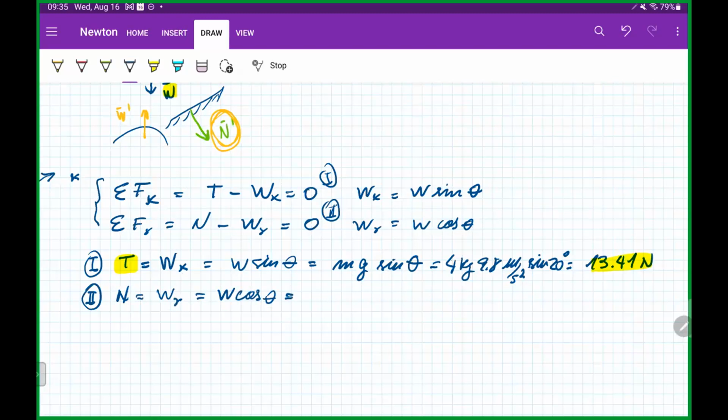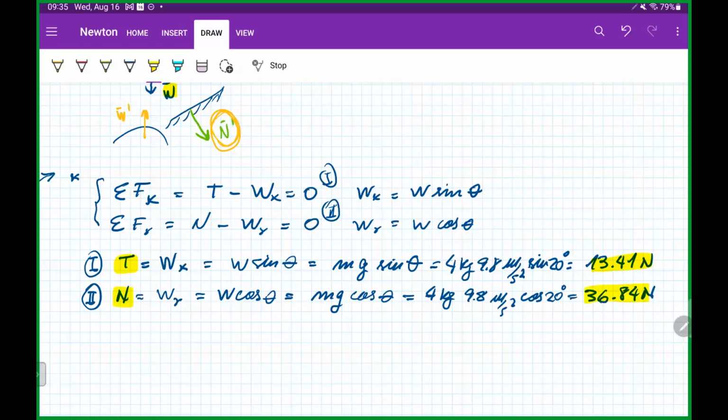Again, same reasoning here, mg cosine theta equals 4 kilograms, 9.8 meters per second squared, cosine of 20, and we get 36.84 newtons. Normal.